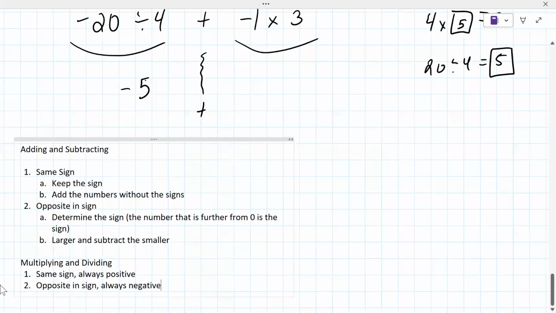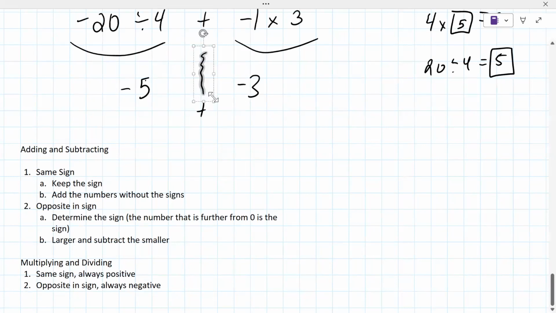When you're multiplying, if they're opposite in sign, it's always negative. Negative 1 times 3, they're opposite in sign, so the answer is negative 3. So you have negative 5 plus negative 3, which will be negative 8. Negative 8, good.